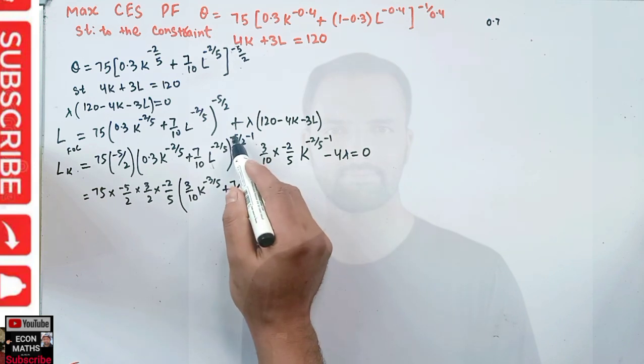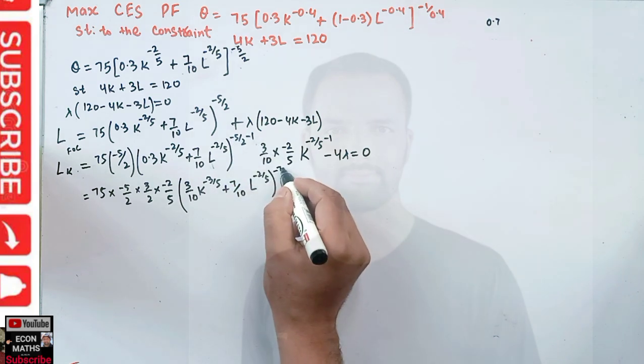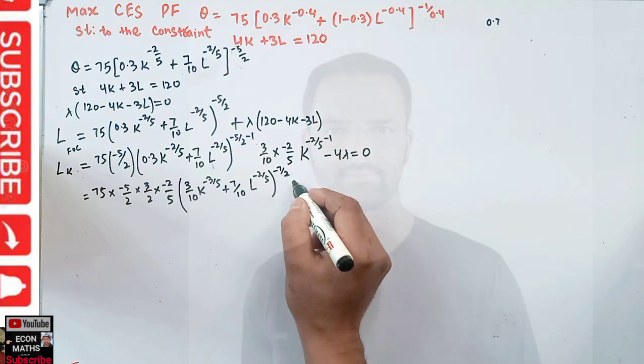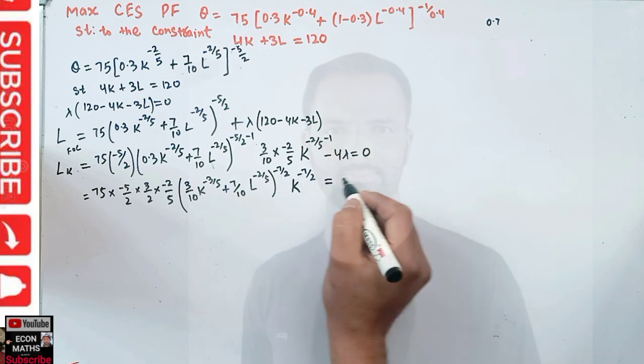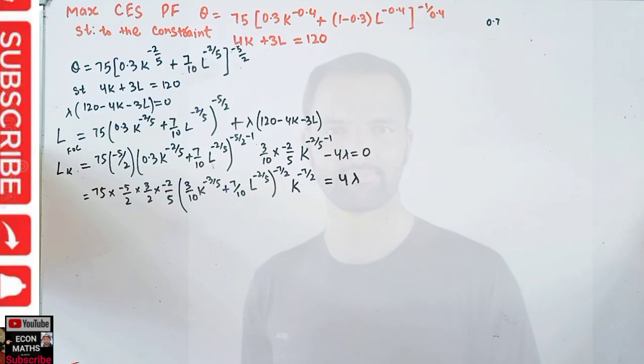Now if we subtract 1 from minus 5 upon 2, this will become minus 5 minus 2, that is minus 7 upon 2. And obviously we have k to the power minus 7 upon 2, and we set it equal to 4 lambda. We just transpose this here.